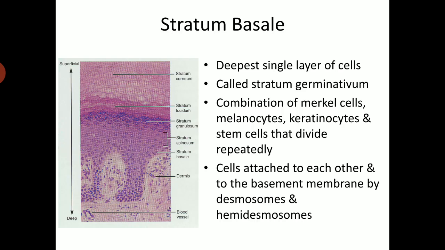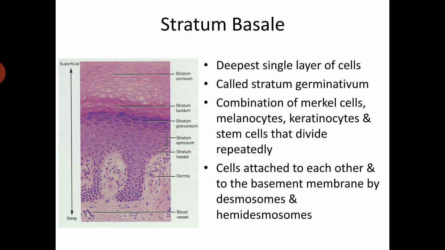Now we are going to see the first layer, that is the stratum basale. Stratum basale, also called stratum germinativum, is the deepest epidermal layer and attaches to the epidermis.